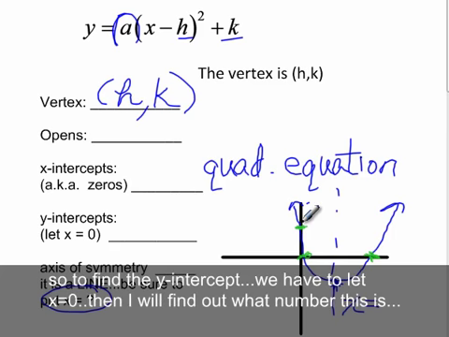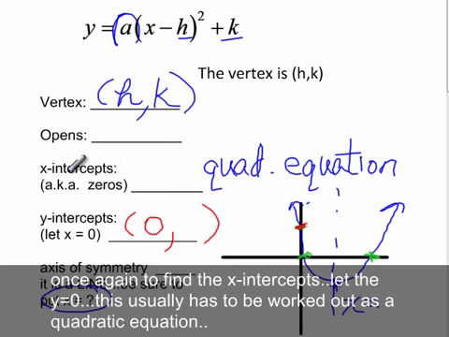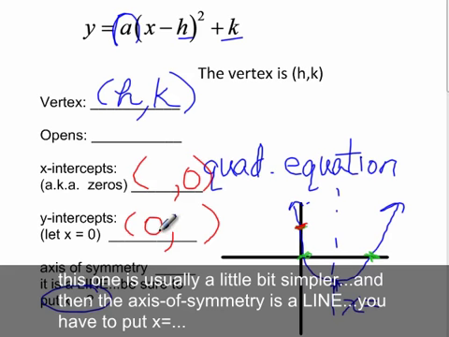The y-intercept: we have to let x equal 0, and then I'll find out whatever number this is right here. Once again, to find the x-intercepts, we let y equal 0, and we usually have to work this out as a quadratic equation. The y-intercept is usually a little bit simpler. And then our axis of symmetry is a line, so you have to put x equals. It's a vertical line that cuts right through the vertex.